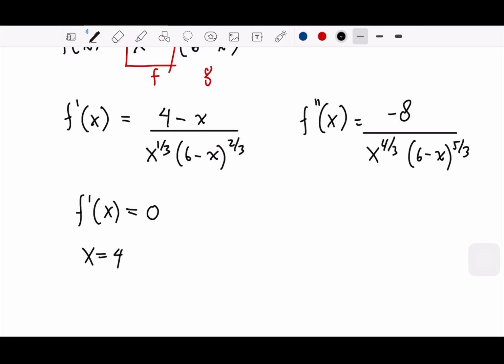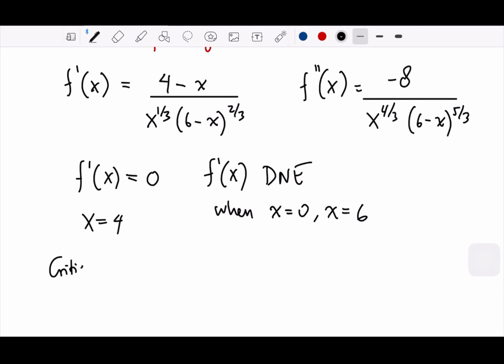And we know from the denominator that the first derivative does not exist when x is 0 or x is 6, because it makes the whole bottom part 0. So the critical numbers are x equals 0, 4, and 6.